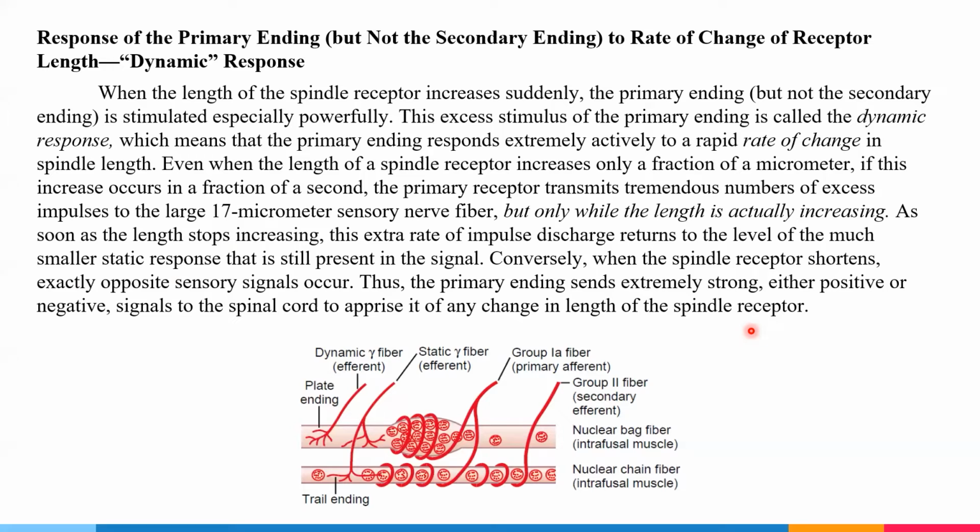This dynamic response gives the rate of change of muscle contraction and hence informs the brain of a stimulus that is changing rapidly instead of the normal static response.